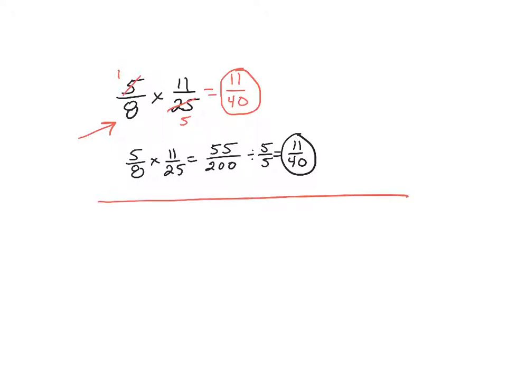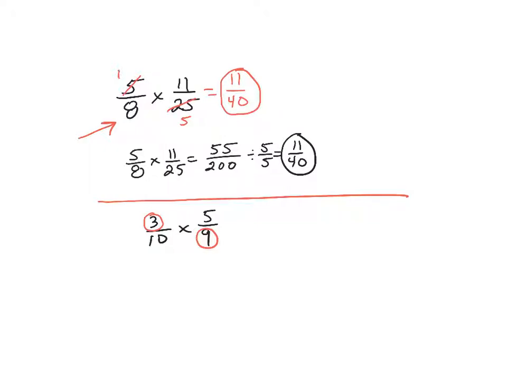One other thing to point out. Here's another example. 3/10 times 5/9. When I multiply these, I'm going to use this canceling process again. Notice that I have 3 and 9, with the 3 being in the numerator and the 9 being in the denominator.